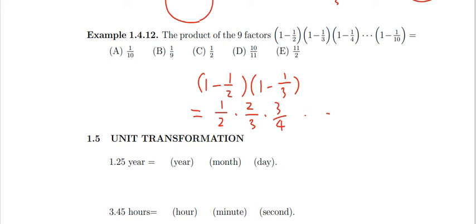Multiplying them together, we can cancel. So the first one is 1 and the last one is 1/10, right? Because of 9/10, the 9 cancelled. So this equals 1/10.